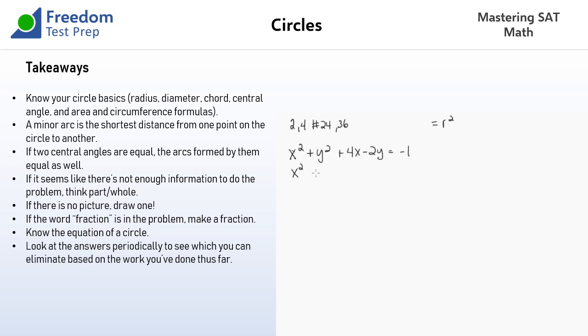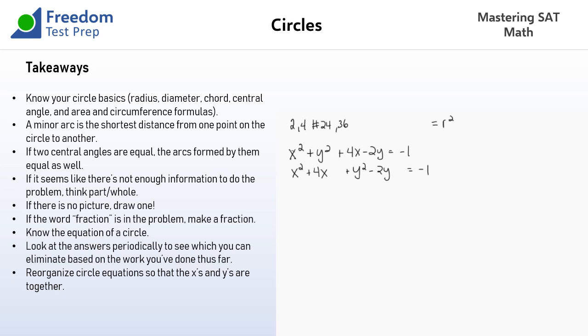Okay, now what I like is to bunch together the x's. So I'm going to rearrange this so we've got the x's together and the y's together. You'll notice I have some space in here, and I'm going to show you why.